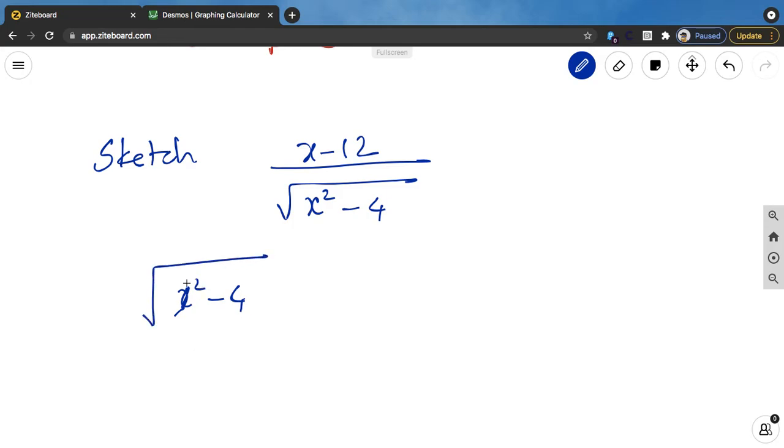When will it become negative? Whenever x is between minus 2 and plus 2, right? Then x square will be less than 4. Beyond that it will be greater than 4, so it's fine. So the function will not exist between minus 2 and plus 2. At minus 2 and plus 2 there will be a vertical asymptote.